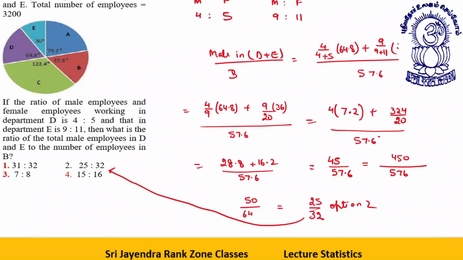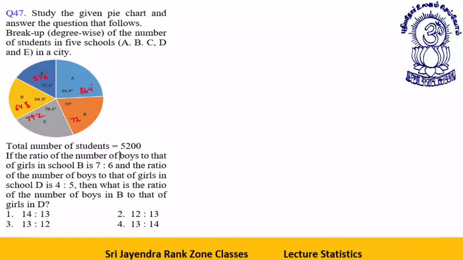Shall I proceed ahead? Next question here you have is, study the given pie chart and answer the questions that follow. Breakup of the number of students in 5 schools.